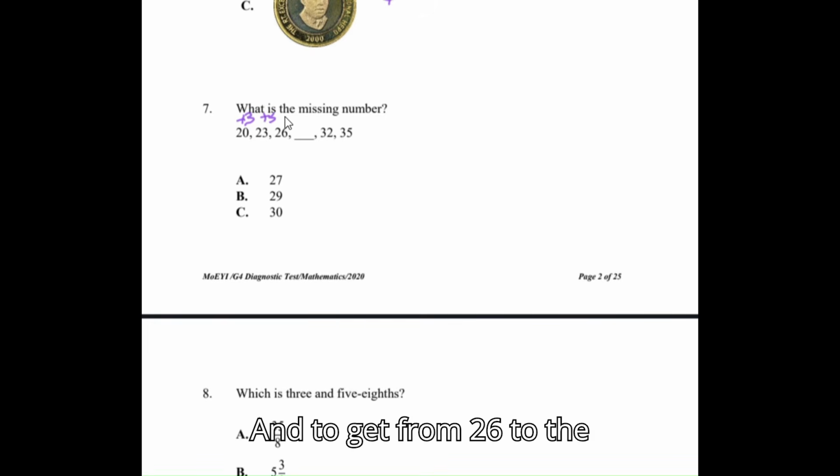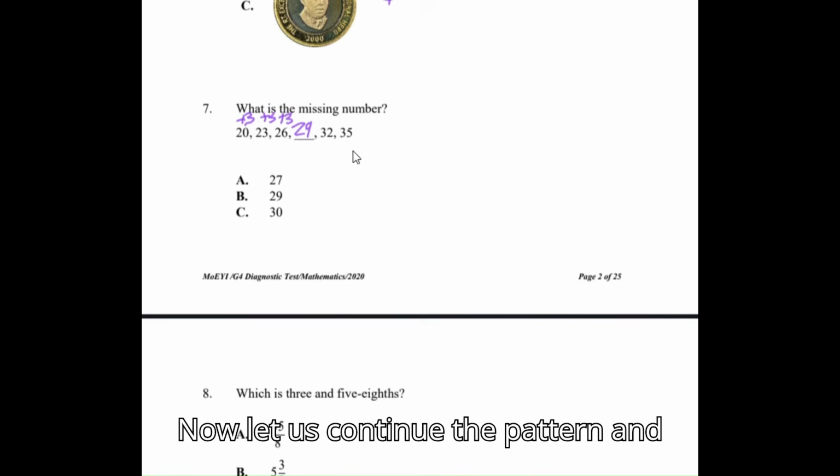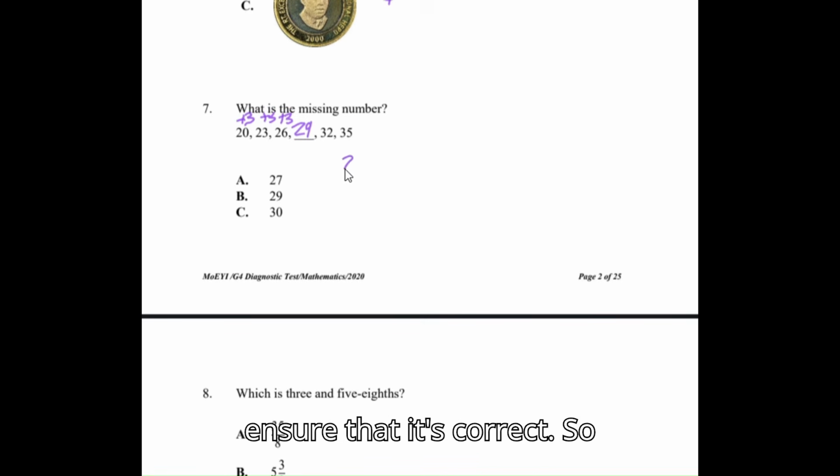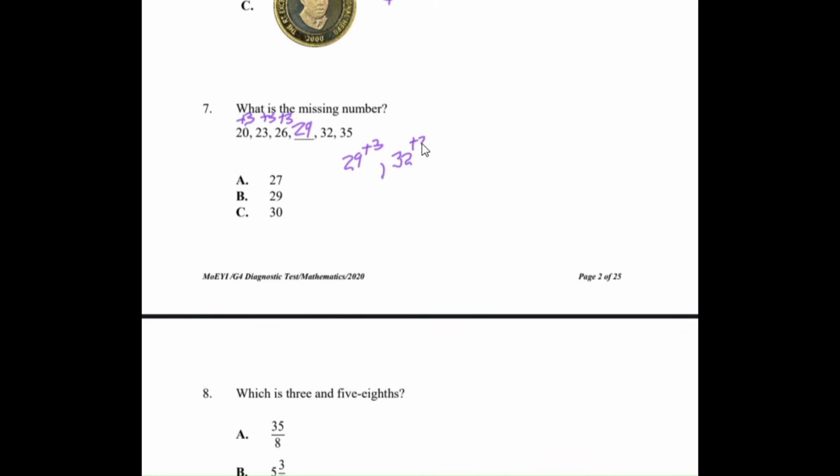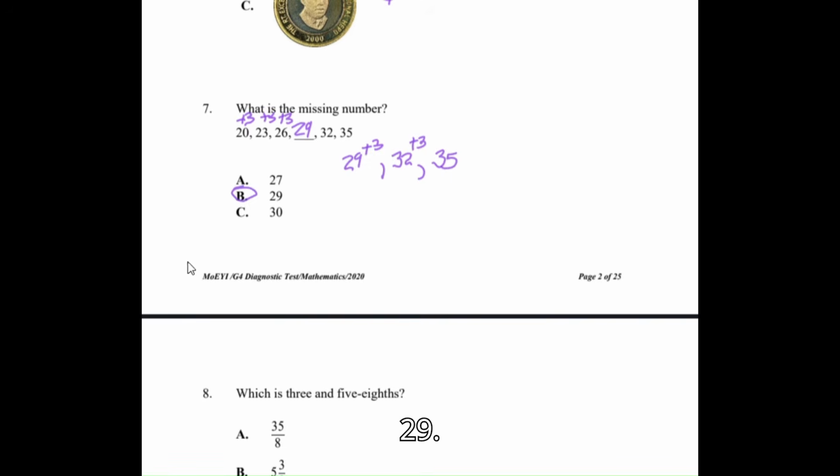And to get from 26 to the next number, it would be safe to assume that we're going to add 3 again to get 29. Now let us continue the pattern and ensure that it's correct. So 29 plus 3 will in fact give us 32, and then 32 plus 3 will get us to 35. So the number that was missing is 29.